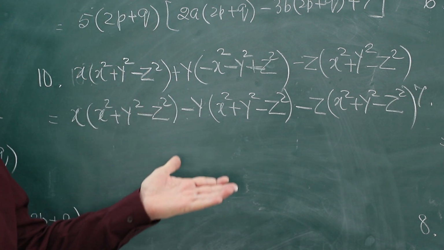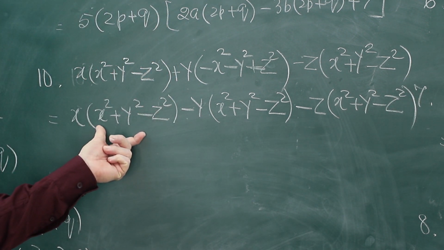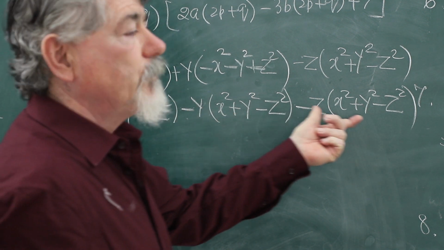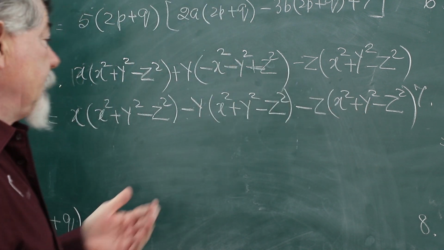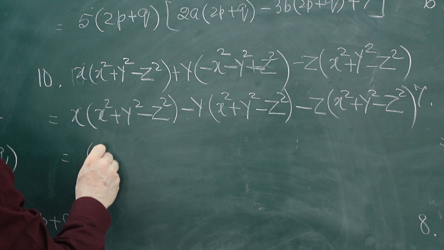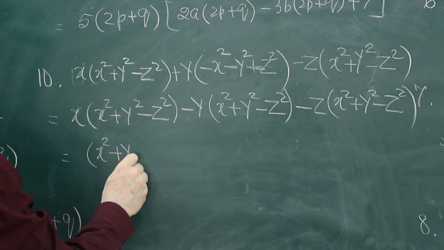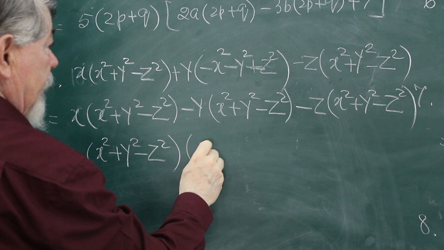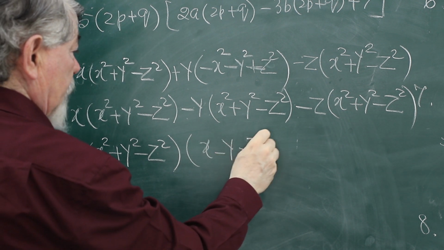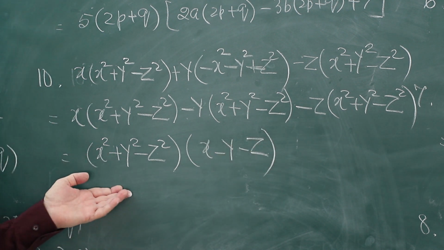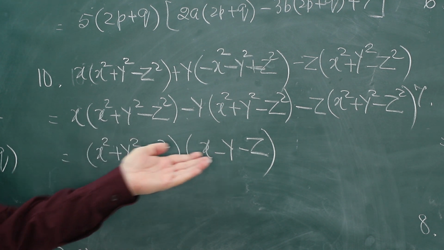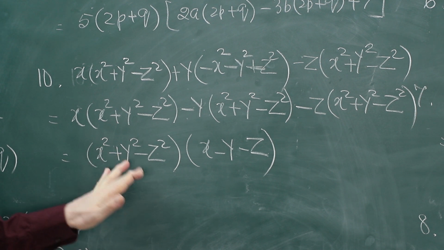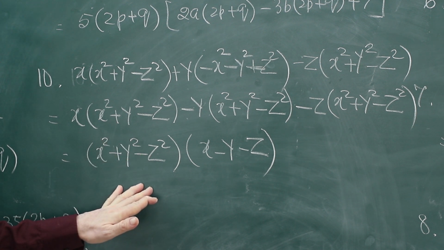Now in all the three terms, x^2 + y^2 − z^2 is here also, here also, here also. So I can take that common. That will become (x^2 + y^2 − z^2). And what will be left inside? (x − y − z). That is your factorization. I cannot go any further because I cannot factorize x − y − z or x^2 + y^2 − z^2.